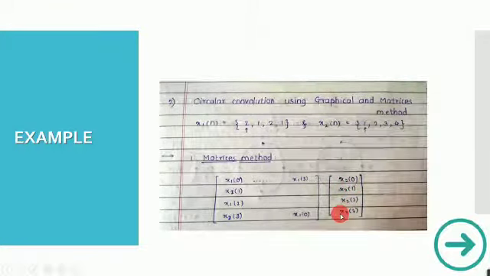After you multiply these two matrices you get a result of a 4 cross 1 matrix, and that sequence is nothing but the circular convolution using the matrix method. You can compare this answer with the answer you got earlier using concentric circles, the graphical method. So this is about the matrix method.